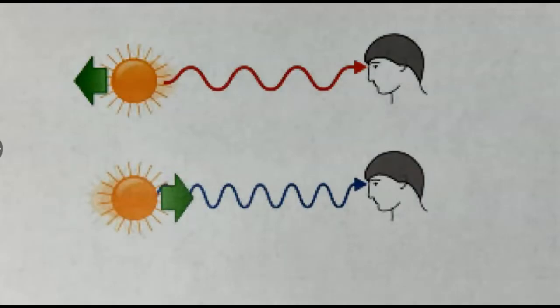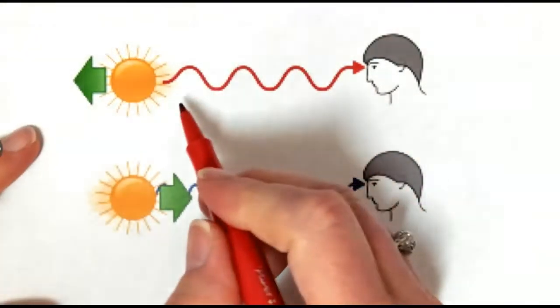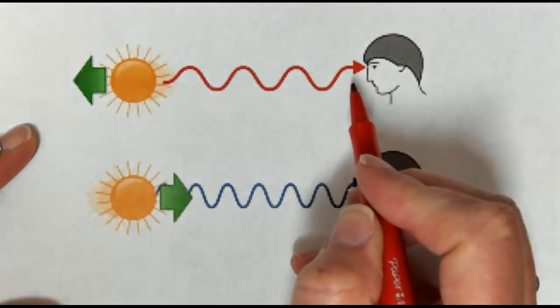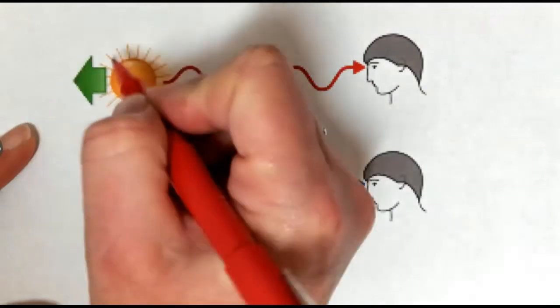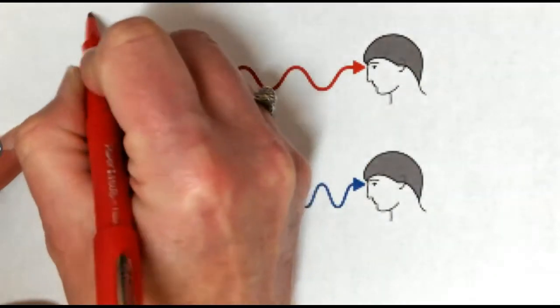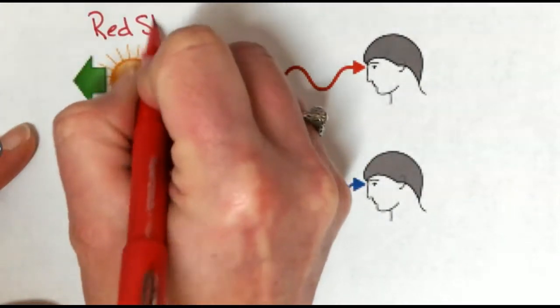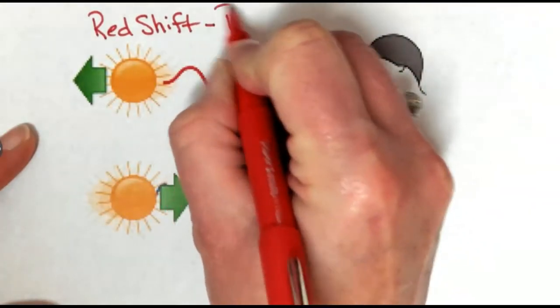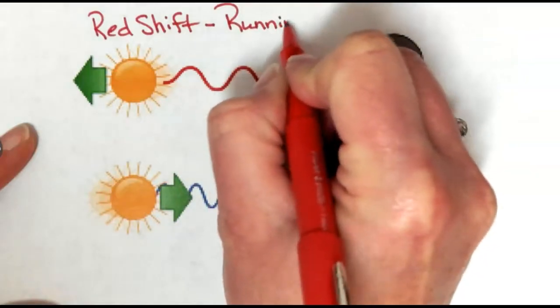So what this is called is redshift, blue shift. When we look at the spectral pattern, and if the lines are shifted towards red, it indicates the object is moving away from Earth. So this would be called a red shift. Okay. Red means it's running away.